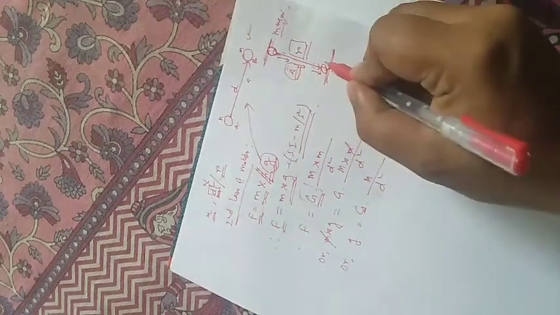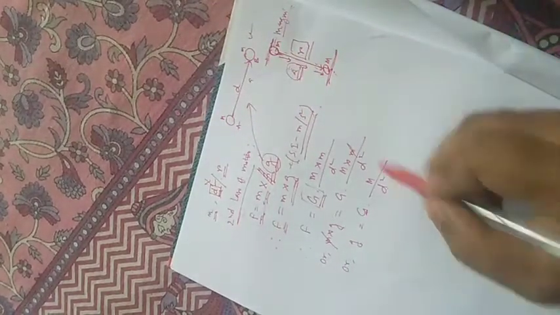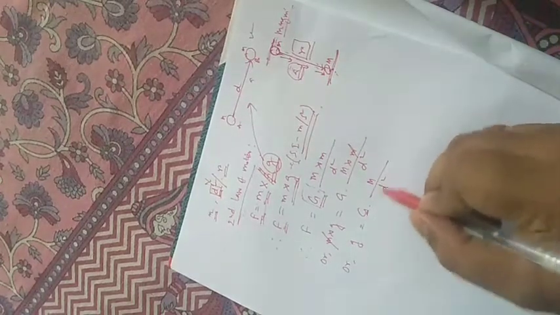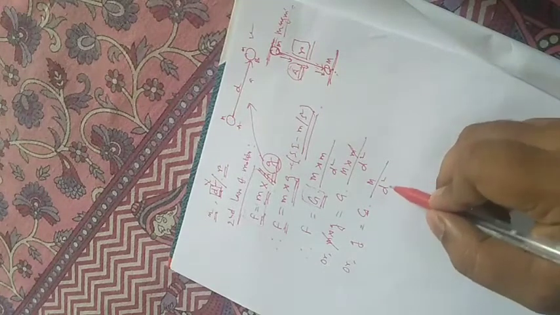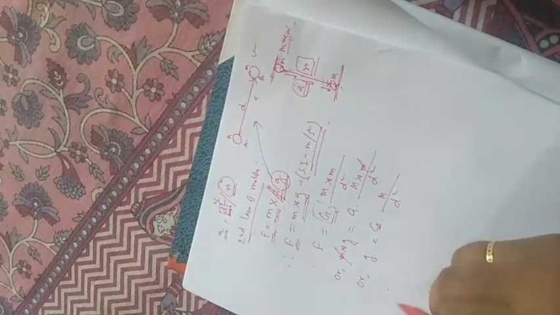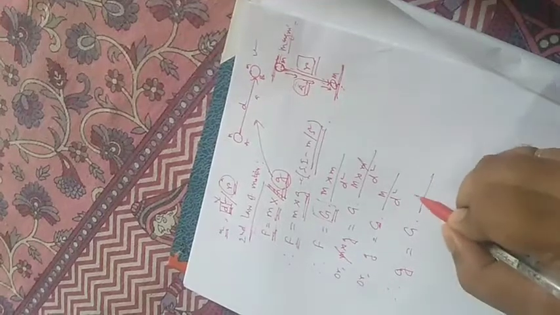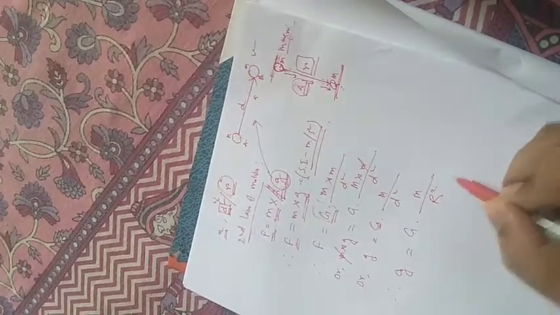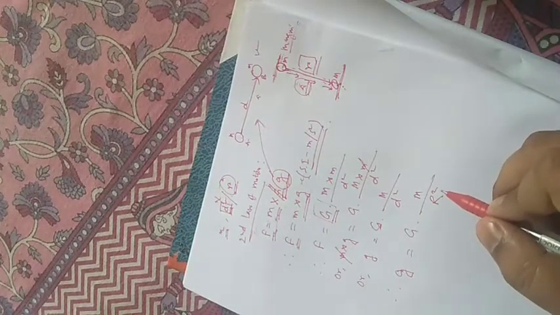This is the mass of this object, so we write here capital M. And d square means the distance, but here will we use this small d? Of course not, because we have already told that instead of d we will use r. So easily we can say here, therefore small g equal to capital G into M by r square, and this r means the radius of the earth.